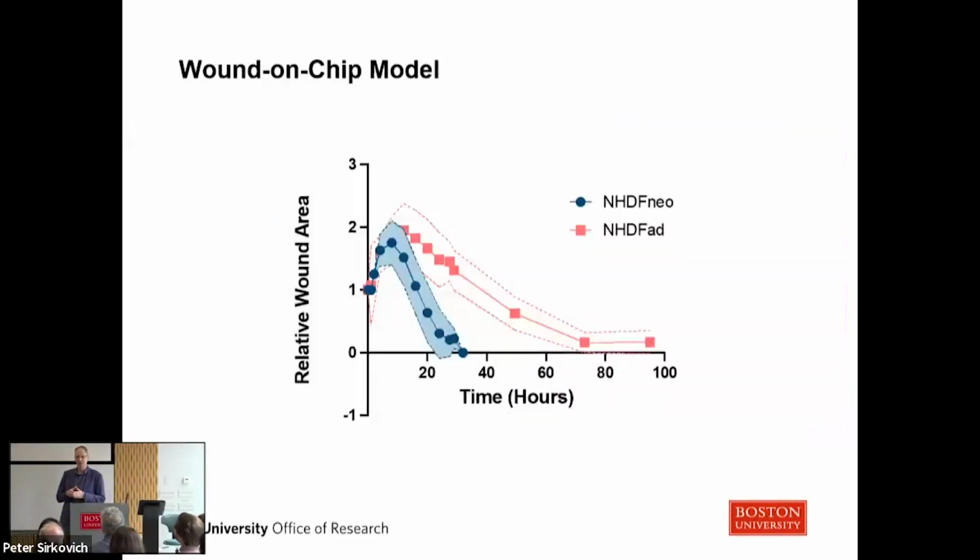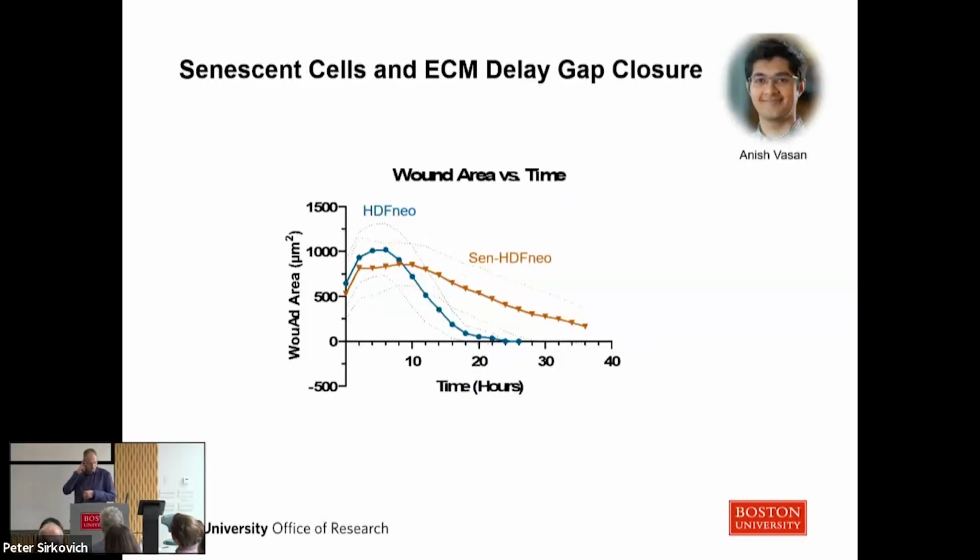If we, for example, do this with different types of cells, in this case neonatal fibroblasts, we see an initial opening of the wound, that means the wound is cleared, and then a rapid decline, which means it heals fast. Older or adult cells, the adult fibroblasts, they actually take more time to heal. So in this context, we were looking at senescent cells.